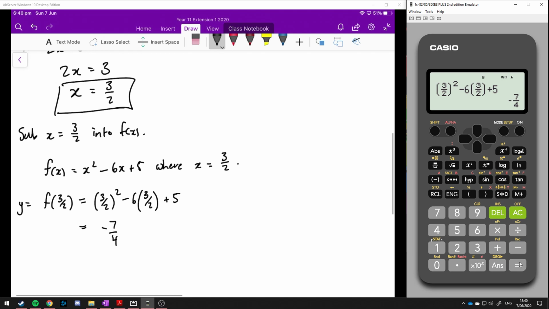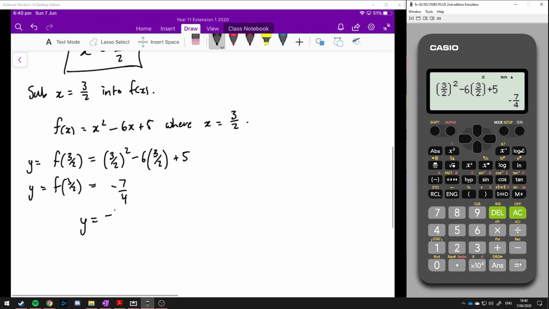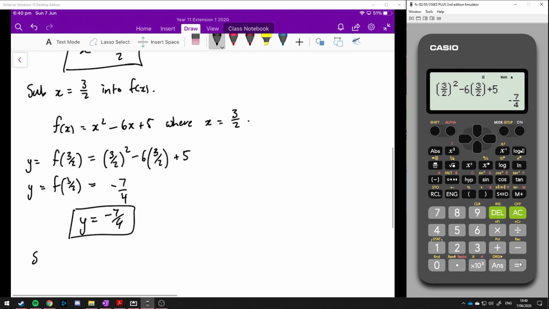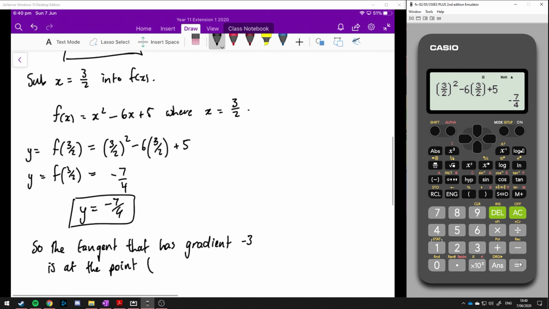And this is what y is equal to. So y is equal to -7 on 4. Therefore, what we can say is the tangent that has gradient -3 is at the point 3 over 2, comma, -7 on 4.